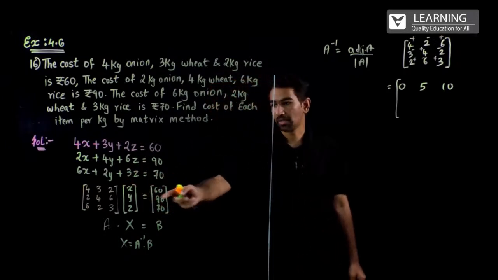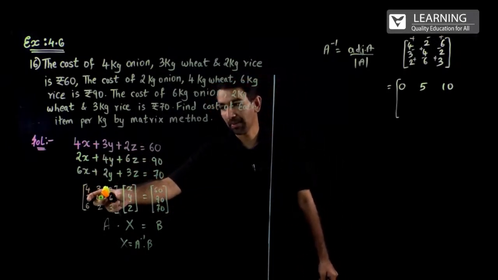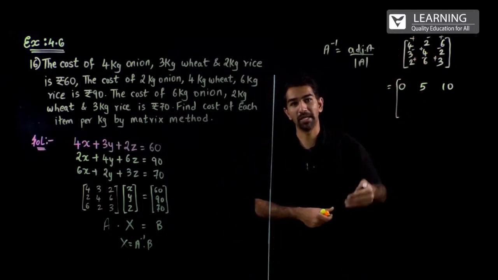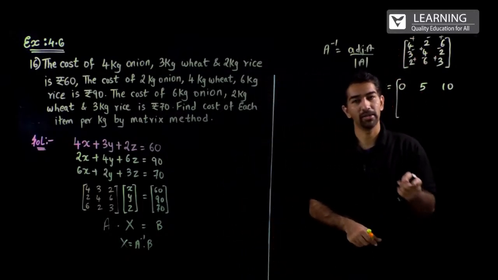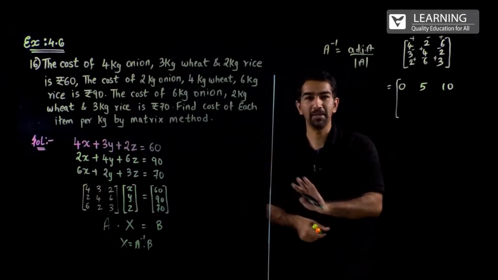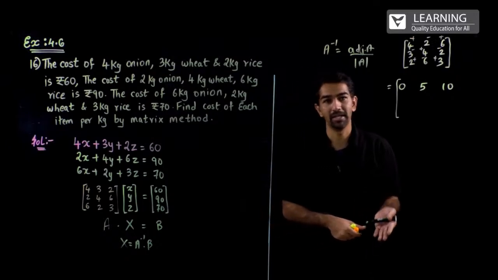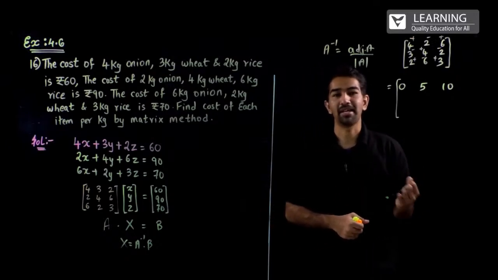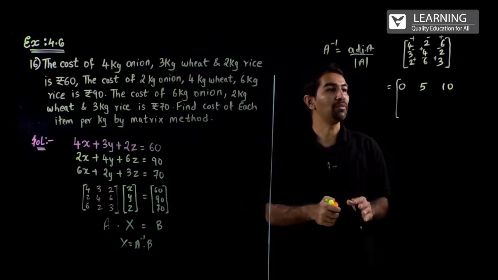So always cross check, students. One small mistake you do here, there will be a mistake here, and there will be a mistake here. That error gets on accumulating and finally you will get the wrong answer. You will be awarded 0 marks. Just to avoid that, always cross check, be very careful. As I said before, the matrices and determinants chapter is used to check your precision and accuracy. So be very careful with that.